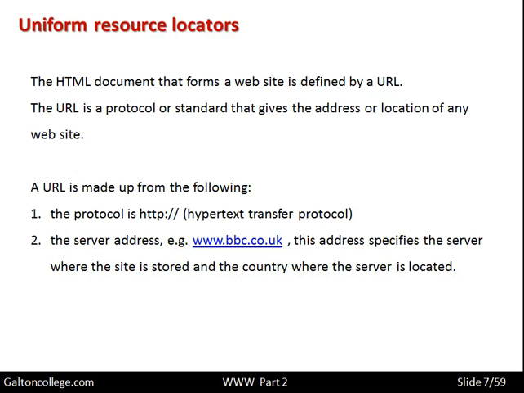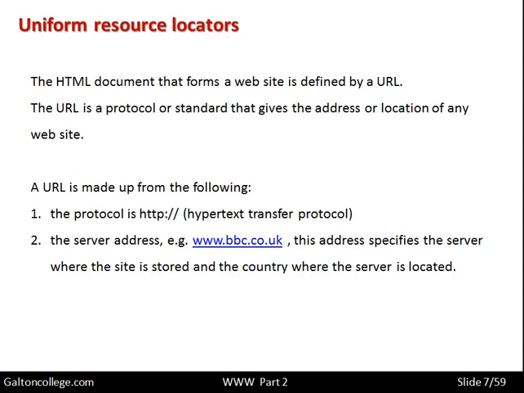Oddly enough, with the exception of America, America doesn't have a top-level domain. In the past, .com was seen as the main American domain name, I should say. It's a bit confusing to say. Anyway, the point is that .co.uk is the top-level domain for the UK.